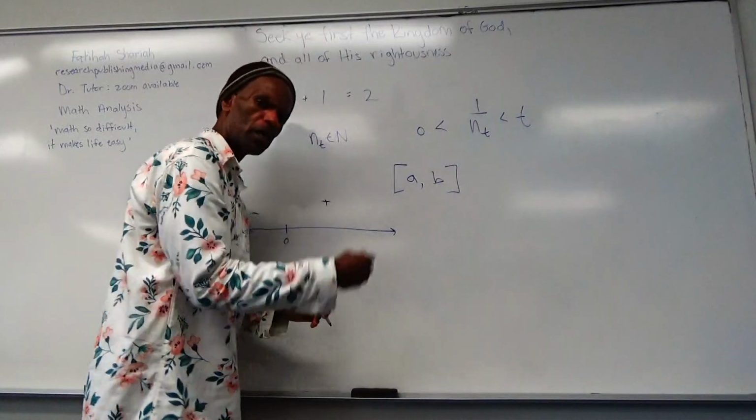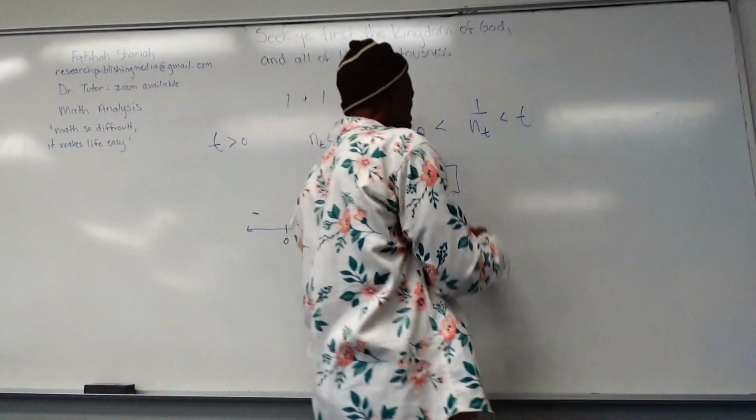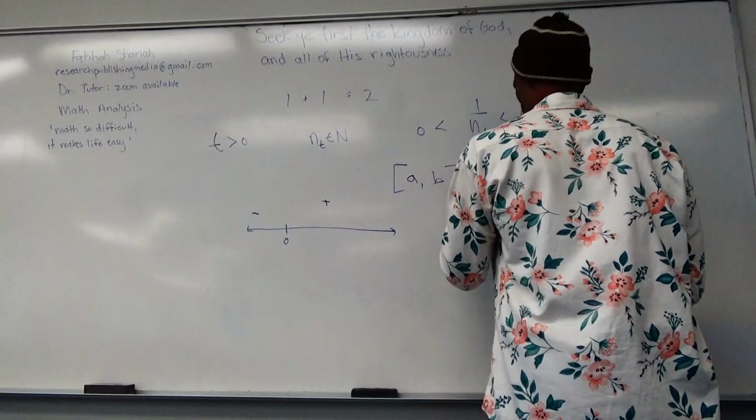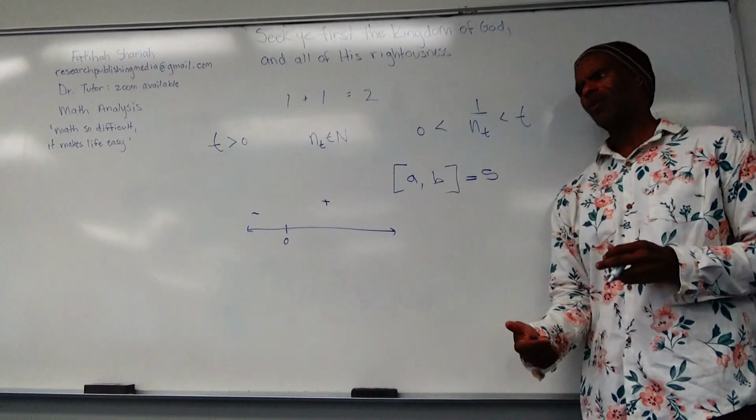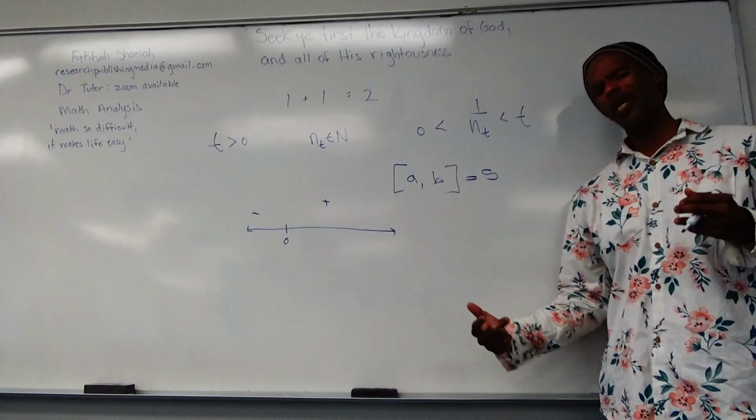you label it with another variable. We label this set S. So when I talk to you, I say S. You don't say, well, I don't know what S is. No, you do know what S is.